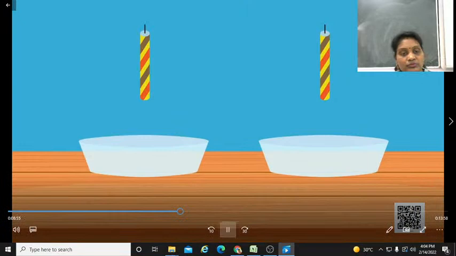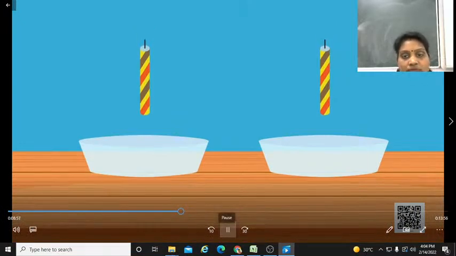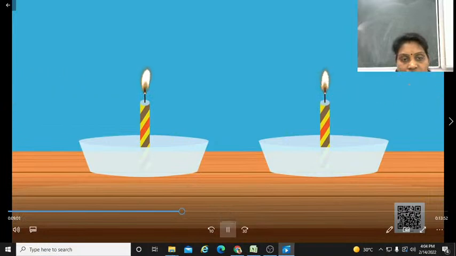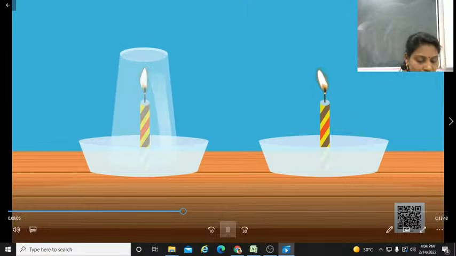Another activity. Fix two small candles of the same length on a table and light both the candles. Now, cover one of the candles with an inverted glass tumbler. Observe both the candles carefully.